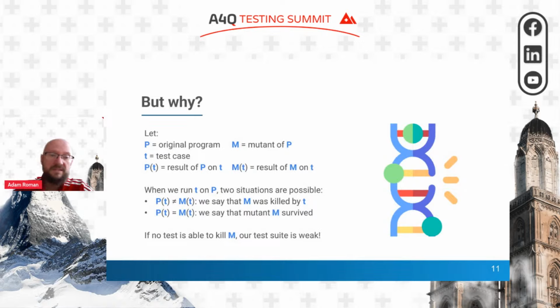How does it work? Let's say we have the original program P, and we have this mutant M, which is P slightly changed. We have some test case T, and by P of T and M of T, we will denote the results of P or M on test T. So when we run our test T on the original program P, there are two possible situations.